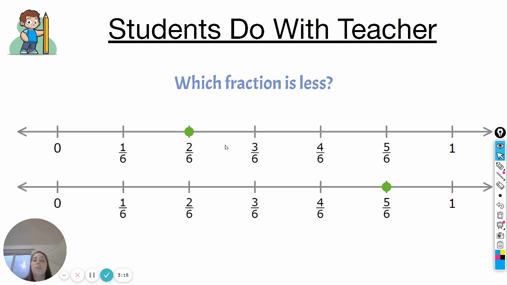So on your whiteboards, I want you to figure out which fraction is less or which fraction is closer to 0. Go ahead and write the fraction that is less on your whiteboard. And I'll have you check your answer with mine in just a moment.